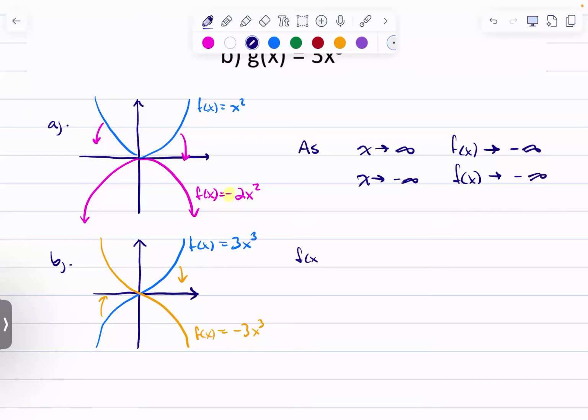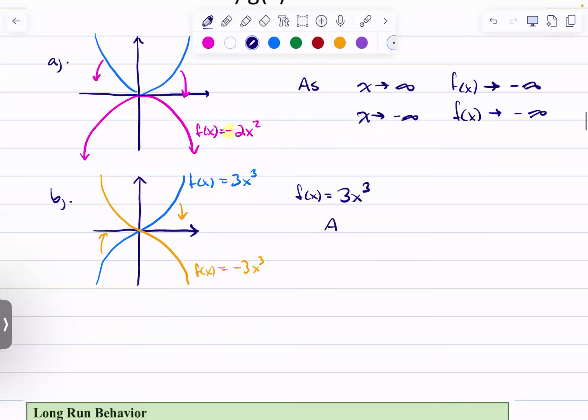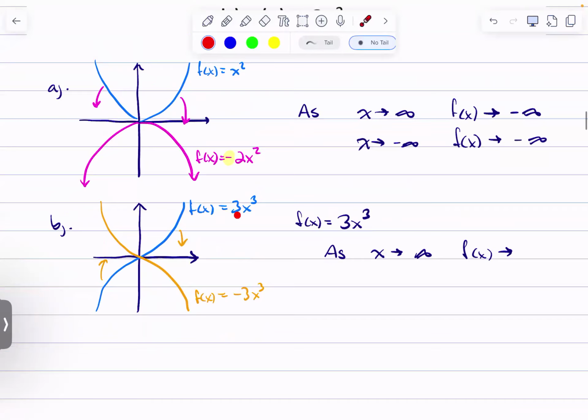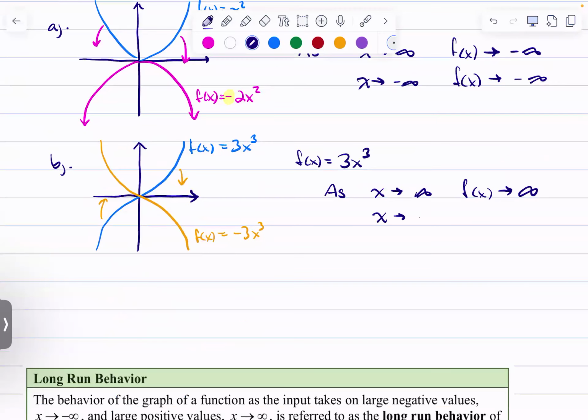So for f of x, 3x to the 3, as x goes to positive infinity, f of x. So if we're looking at the positive version, right, as x goes to positive infinity, I'm heading up towards positive infinity. And as x goes to negative infinity, that little guy is going to shoot down to negative infinity.